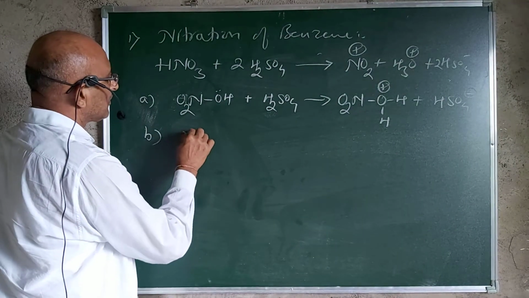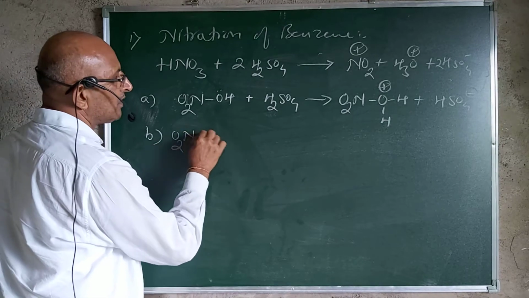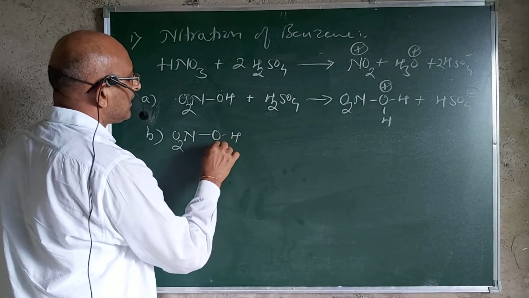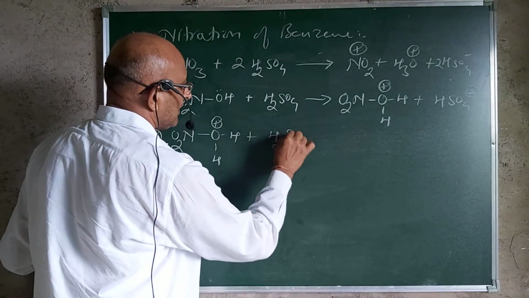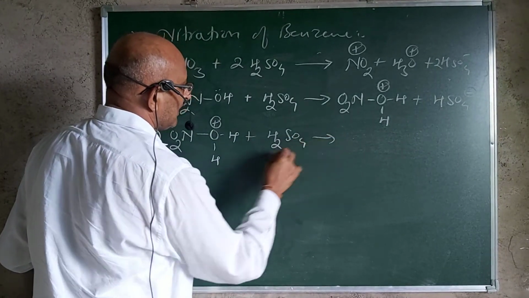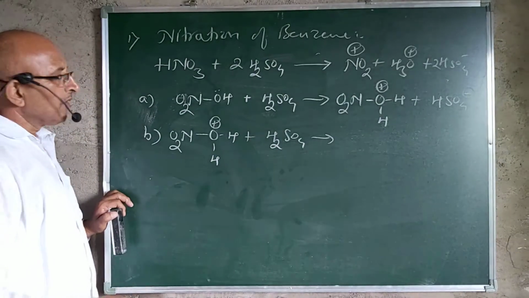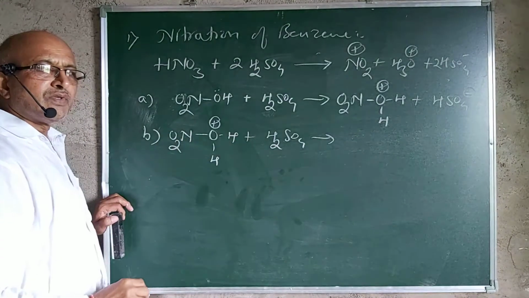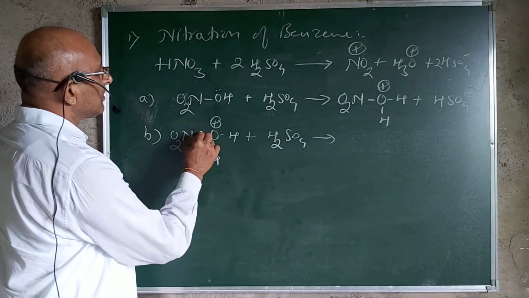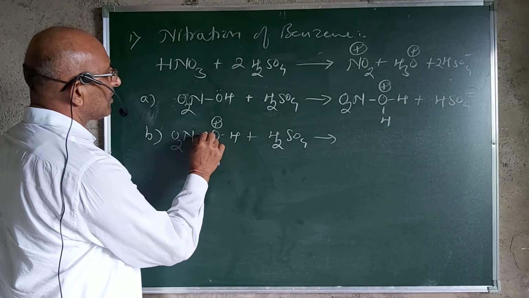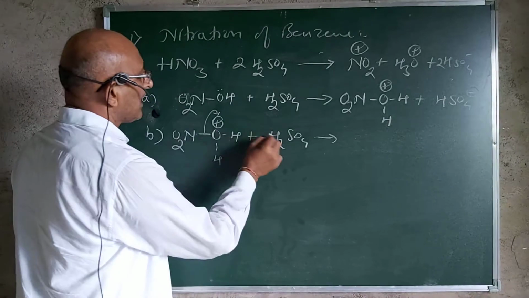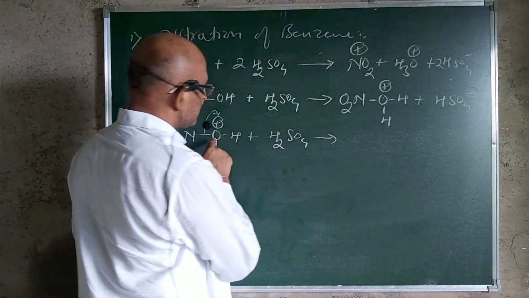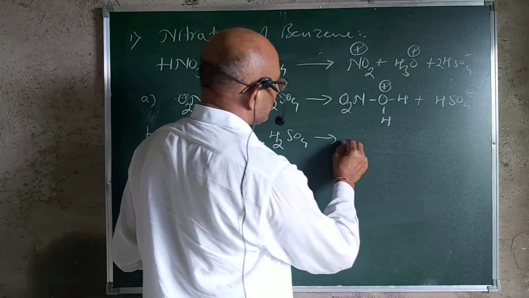Now in the second step, this complex reacts with the second molecule of sulfuric acid, and this sulfuric acid again donates a proton. But now there is no electron pair with the oxygen, and so this N–O bond breaks, this electron pair is given here, and this proton is accepted by this oxygen by giving that electron pair.